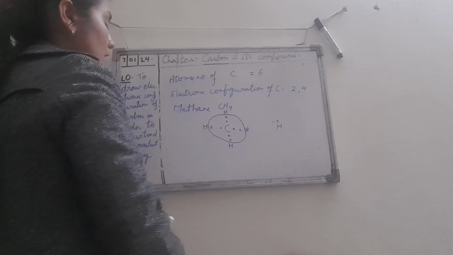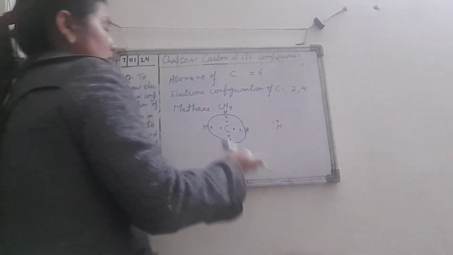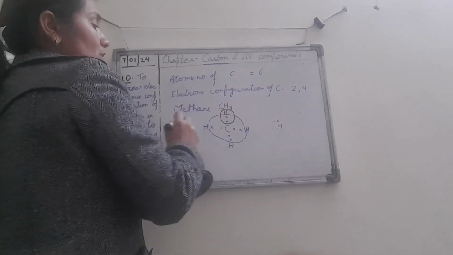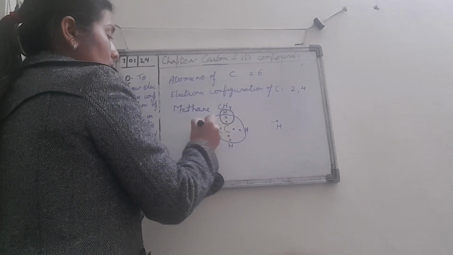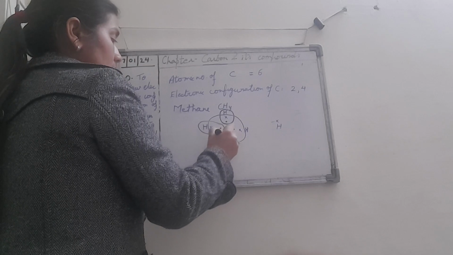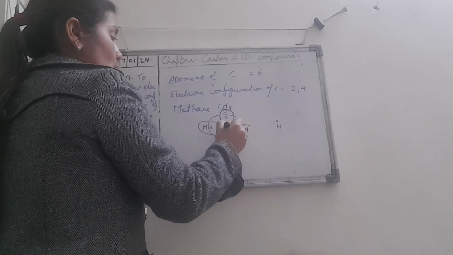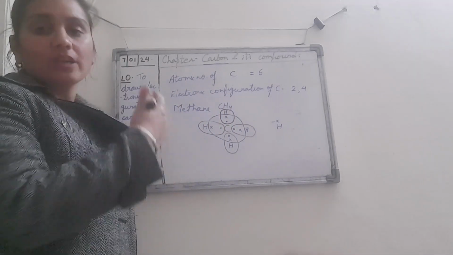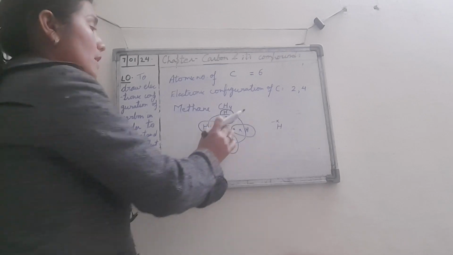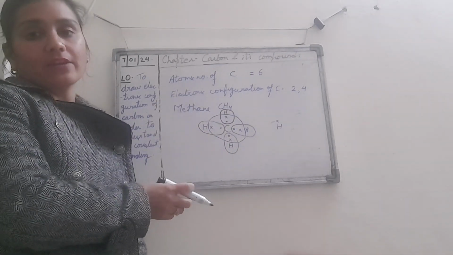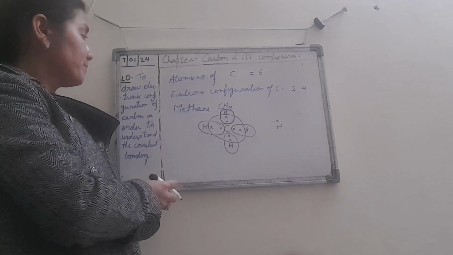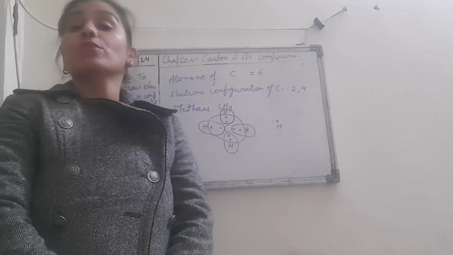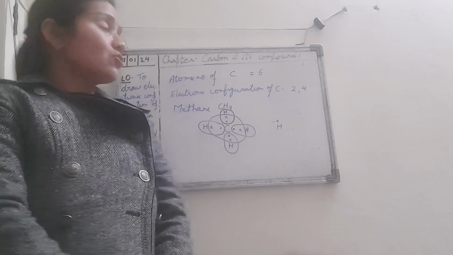Similarly, in the hydrogen, also in the K shell, there are 2 electrons, and what do we observe? That carbon and hydrogen are actually sharing their electrons. So the bond which is formed by the sharing of electrons, that is called covalent bond. It means carbon form a number of covalent compounds by sharing of electrons.